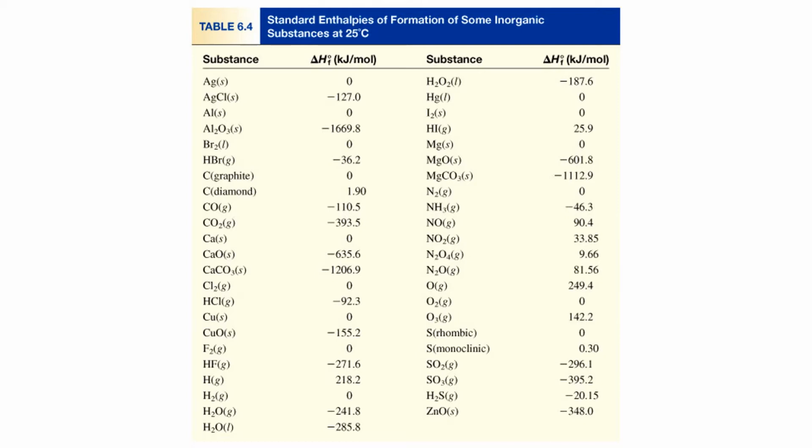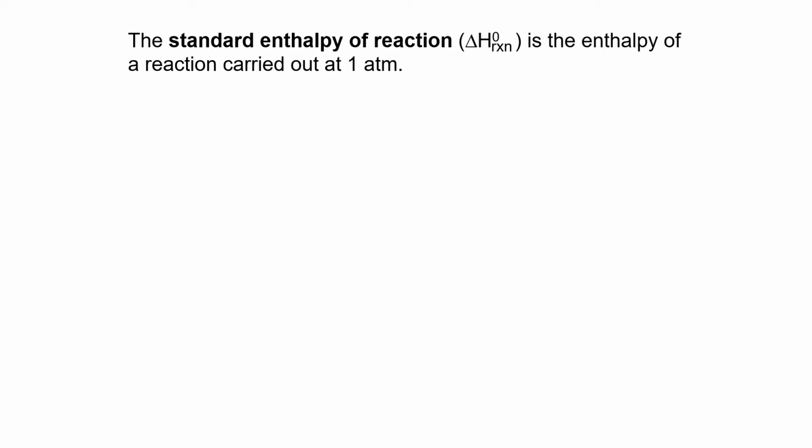So what do we use these for? We can use them to determine standard enthalpies of a reaction, assuming it's carried out at 1 atmosphere, standard or constant pressure. And we can use these to predict the heats of reaction by determining the difference between the standard heats of formation between reactants and products in a balanced equation.